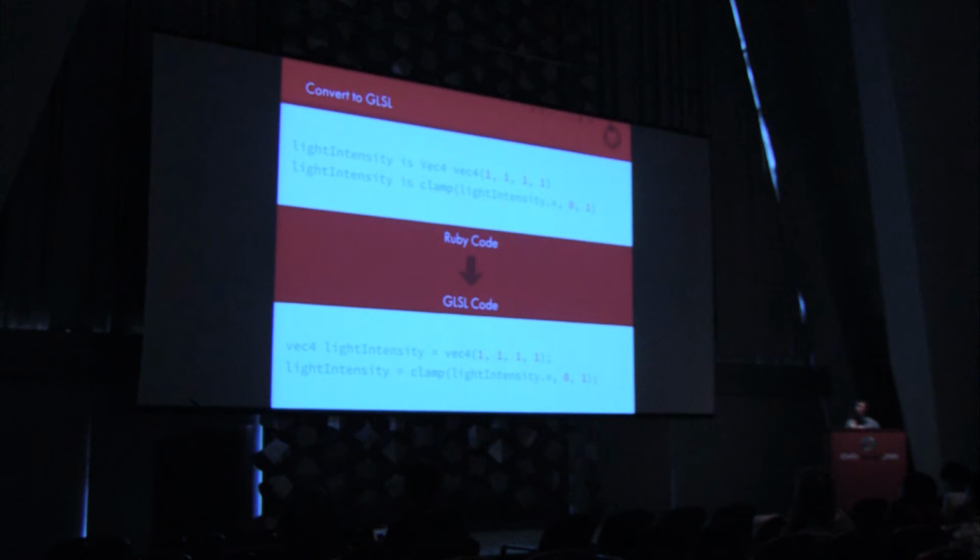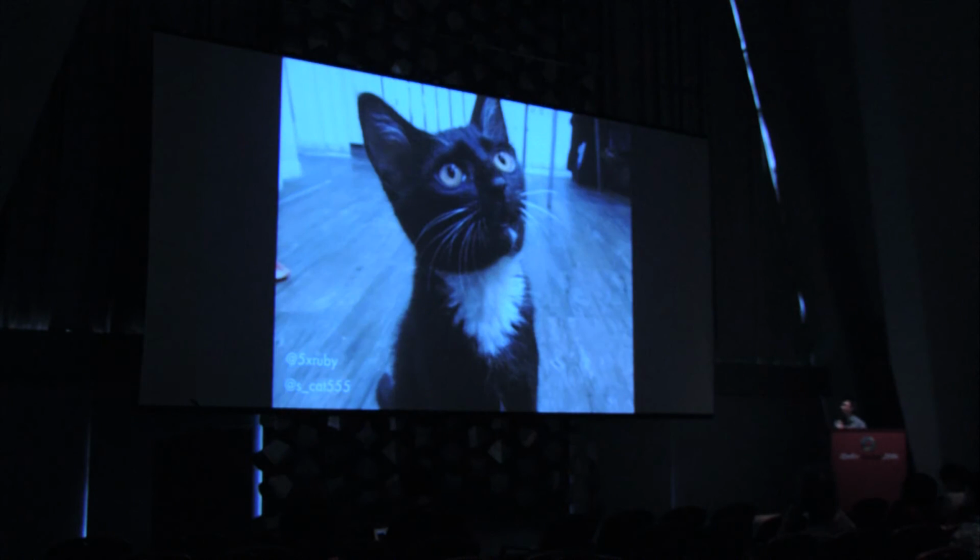If I want to convert the Ruby code, it should be valid Ruby syntax. So I convert the Ruby code into GLSL code, but the Ruby code should be valid. But you can see my DSL doesn't look like Ruby. You may think, what happened?